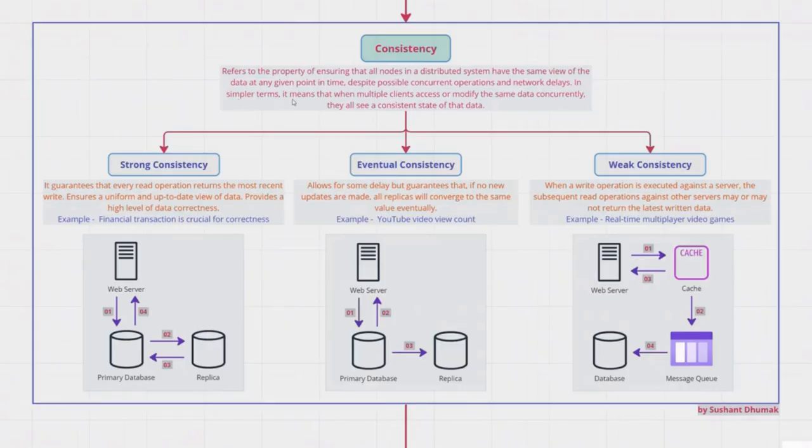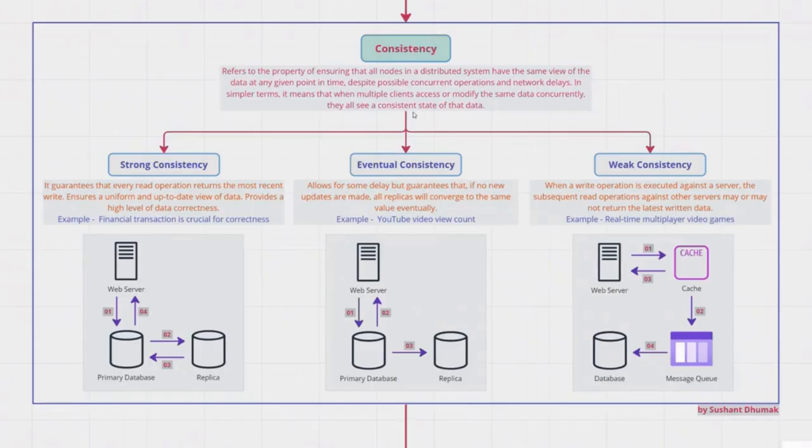Here it is mentioned in simple terms: it means when multiple clients access or modify the same data concurrently, they all see a consistent state of data. This is what I mentioned just now, that multiple clients or users are trying to access, either to read it or to modify the data at the same time, and they should all see the consistent state of data.